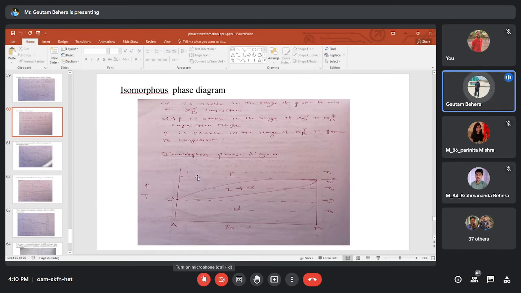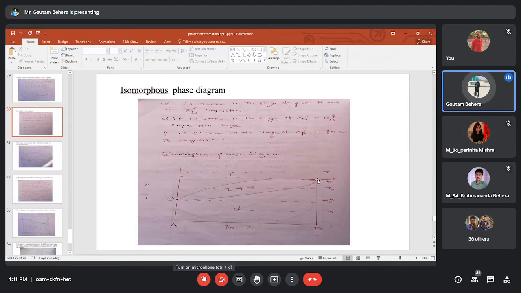This particular temperature line is intersecting the pure B axis at this point. What does it mean? It simply means at this point, alpha will be there and liquid will be there. You understood my point? At this point, alpha and liquid both will be there, right?